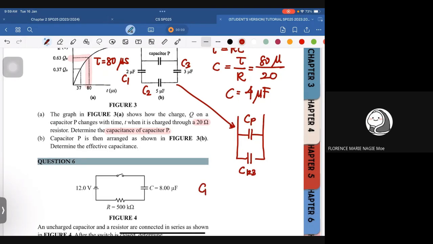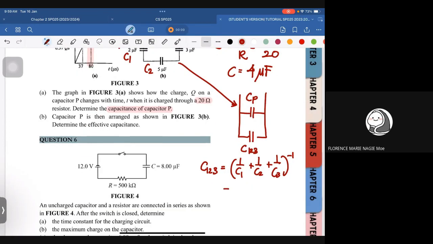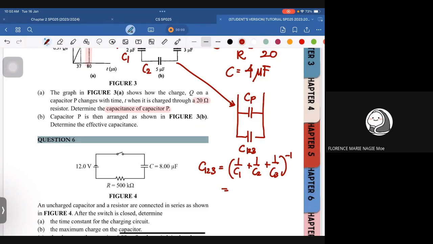Okay, so capacitor 1, 2, 3 is connected in series. So 1 over C1 plus 1 over C2 plus 1 over C3, to the power of negative 1. So kamu akan dapat C1 to 3 is equal to 30 over 31 microfarad. So itu untuk capacitor 1 to 3 combined lah.